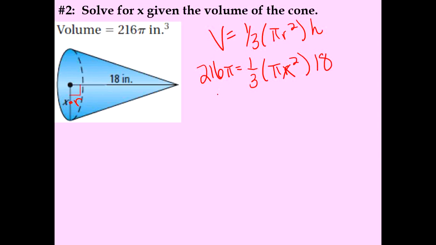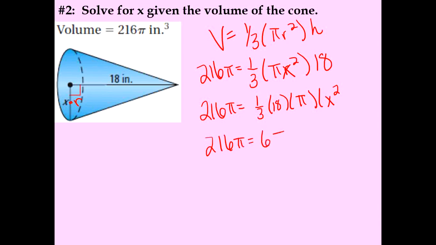Let's shuffle some stuff around, because the properties of multiplication tell me I can. So we have 1/3 times 18 times pi times x squared. 1/3 times 18, or 18 divided by 3, is simply 6. So we have 216 pi is equal to 6 pi times x squared.